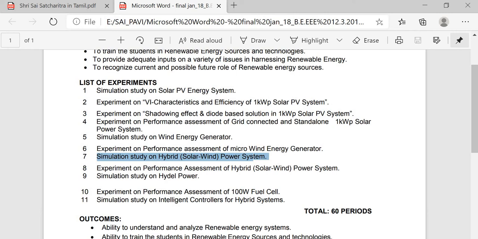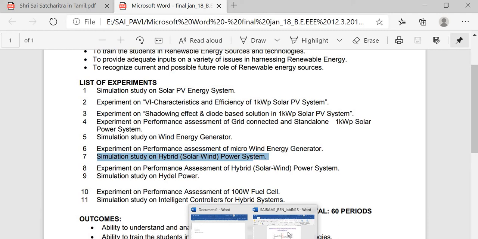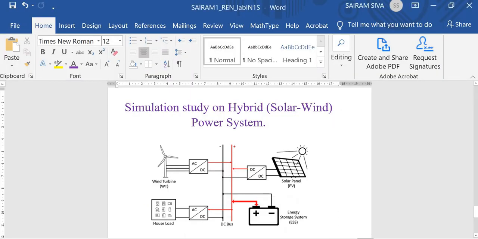Before entering the MATLAB file, as usual, we are going to see the simulation study on a hybrid power system with solar and wind as sources.